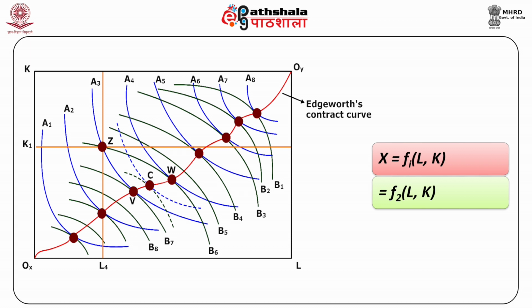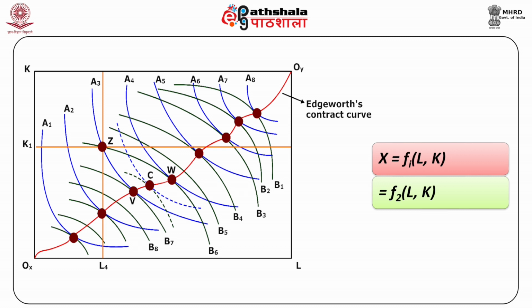What are these two perpendicular lines telling us? The intersection tells us that for commodity X, the consumption, the utilization of capital is OXK1, and the rest of the capital would be K1K.